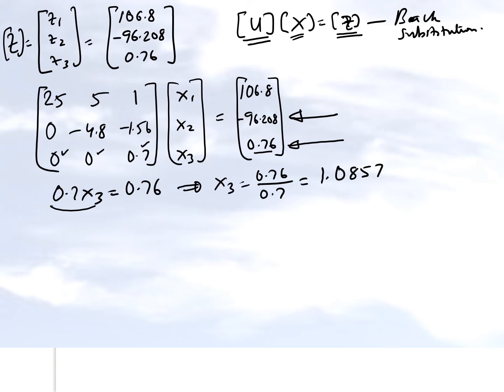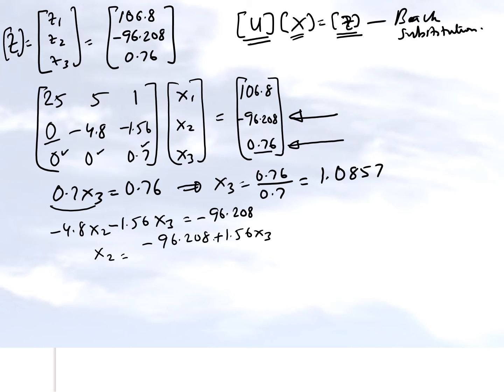Let's look at the second last equation. And we'll get minus 4.8 x2 and minus 1.56 times x3 equal to minus 96.208. There's no x1 term because we have a 0 here. And what does that give us? So if we write down what x2 is, and we write it in the same form as we would be doing it if we were doing this through a computer program.